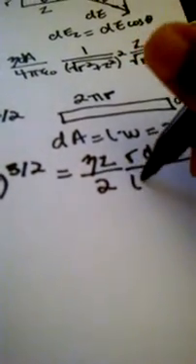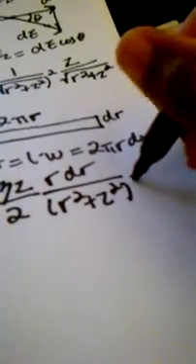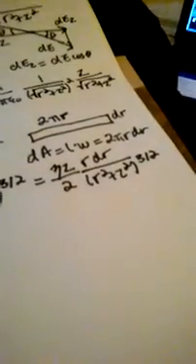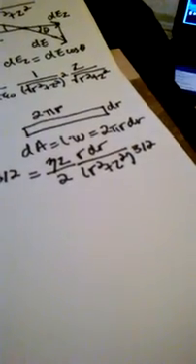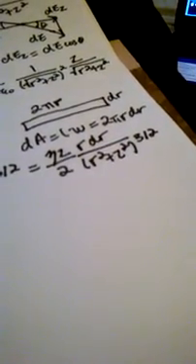So we have eta times z times r dr, and this is over 2, over r squared plus z squared to the 3/2. And so now we're just about ready to integrate and make sure that I have not done anything stupid. Where are my notes? Yeah, I think we're good.